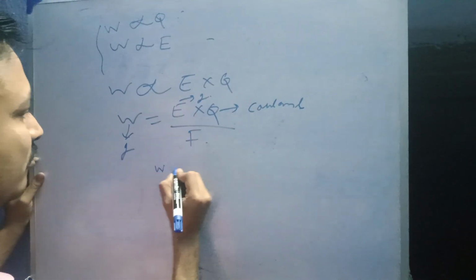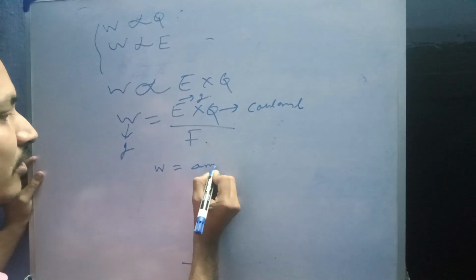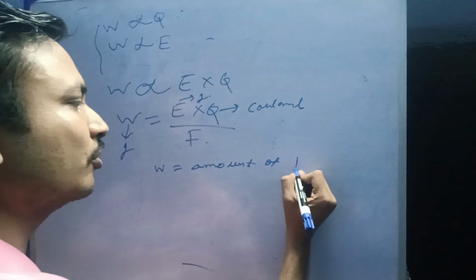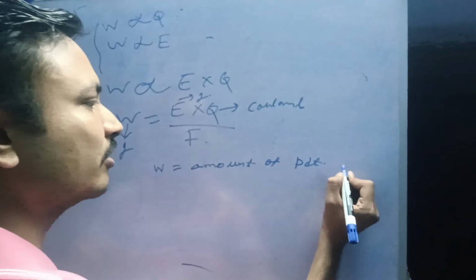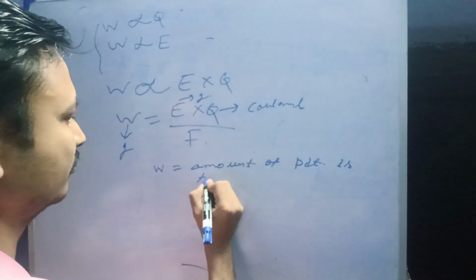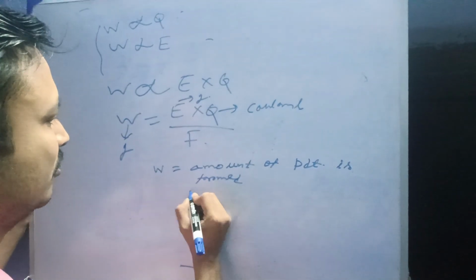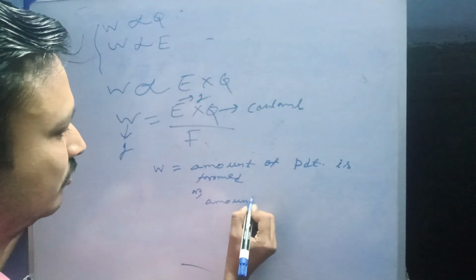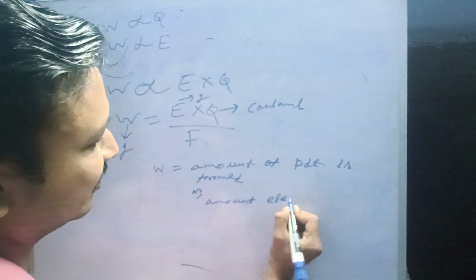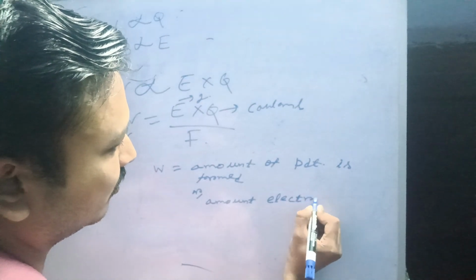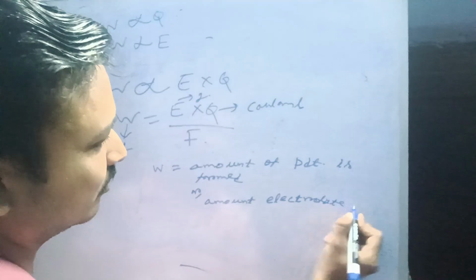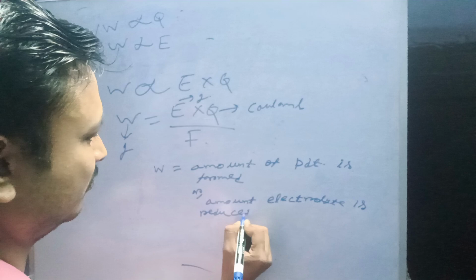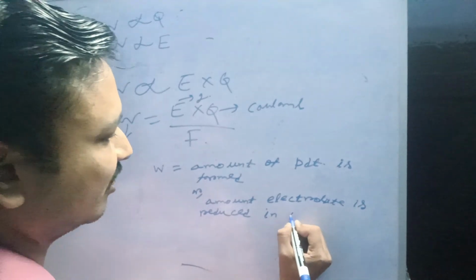Here W is the amount of product formed or the amount of electrolyte reduced in gram.